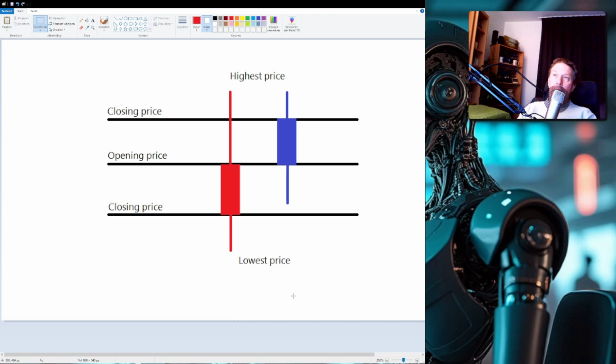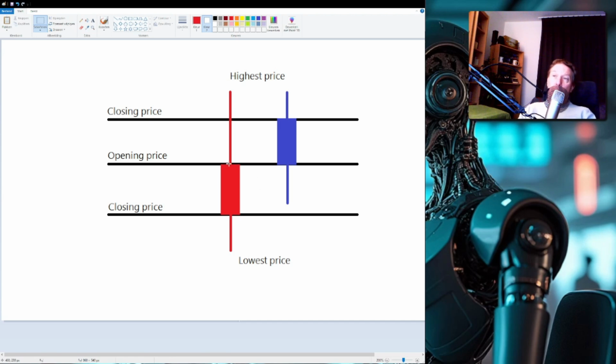If you look at a candle, and that's what I explained here in this very basic drawing in Paint, you see that these candles give you information about the price in that range. No matter if you're looking at a 5-minute range, a 1-hour range or a day range, it will say how the price went during that time period.